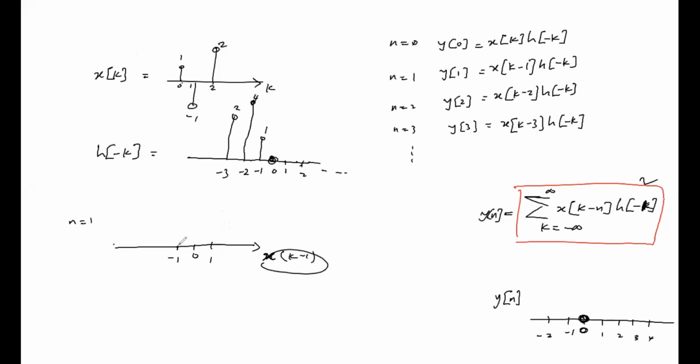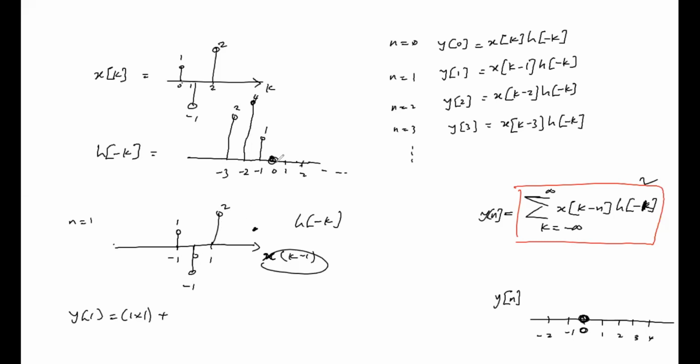So at this point, this is 0. Then at this terminal here, we have minus 1. Then at this point, we have 2, right? So this is what is going to multiply with h of minus k. We know h of minus k. So our y of 1 at this time will be: at minus 1, we have overlap, so that will be 1 times 1.